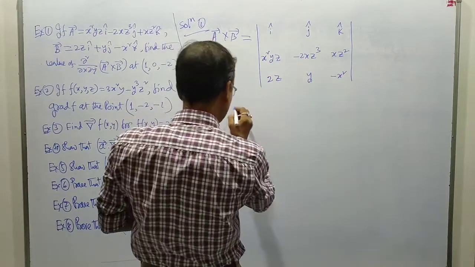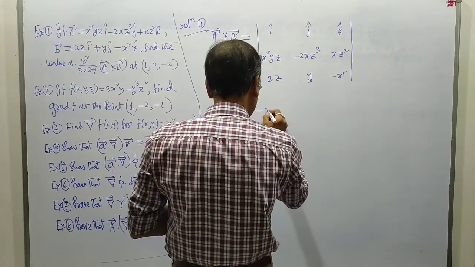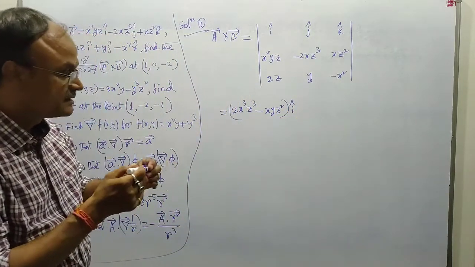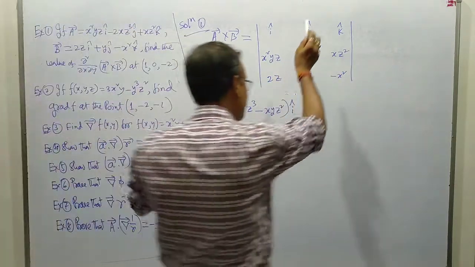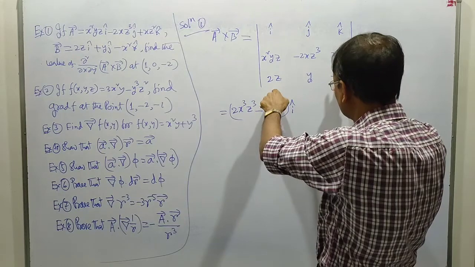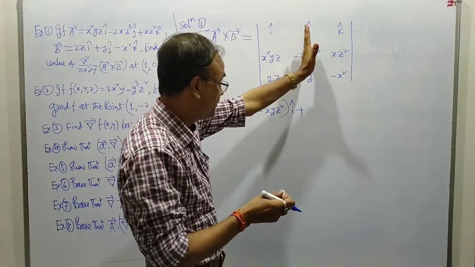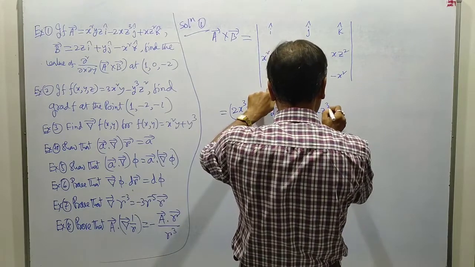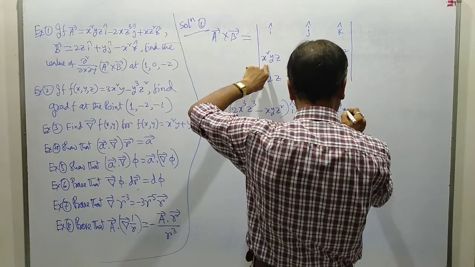This into this means 2 times x cube z cube minus x y z square, i cap. For j cap, this into this minus this into this. For j cap, this into this means twice x z cube minus this into this, it will be plus x to the power 4 y z.